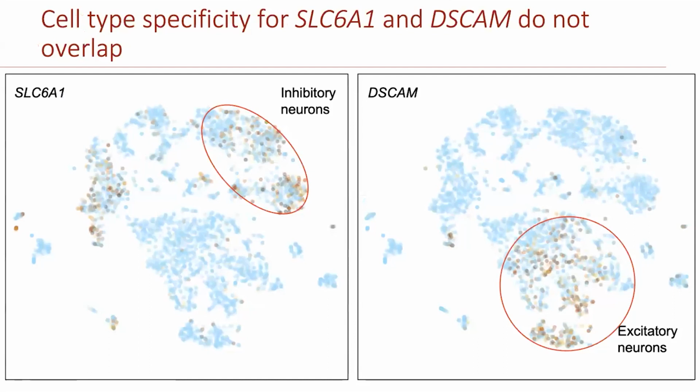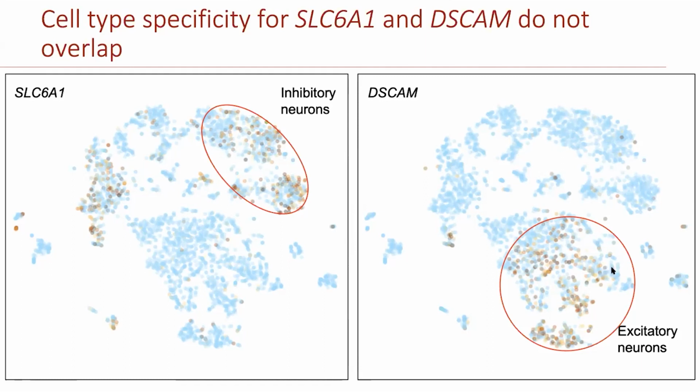And so when we look at these two genes, SLC6A1 and DSCAM, we find that their pattern of expression is really quite distinct. So SLC6A1, which is a GABA transporter, is basically specific to inhibitory neurons in the developing brain. We see it a little bit earlier on in some of the developing neurons over here.